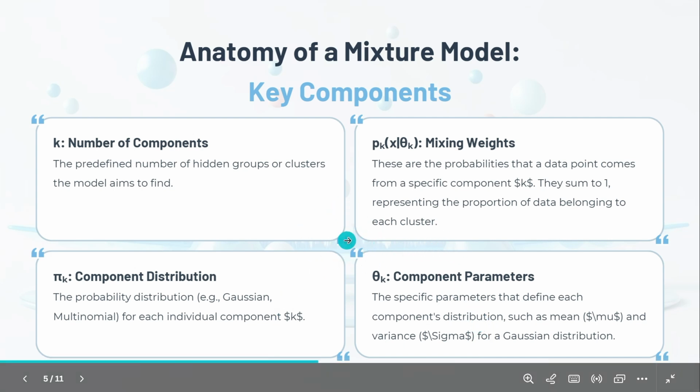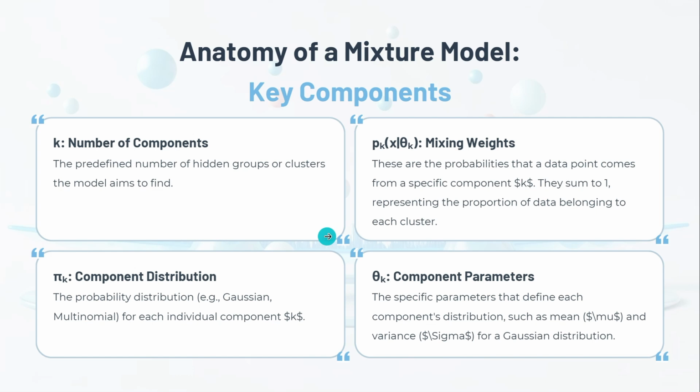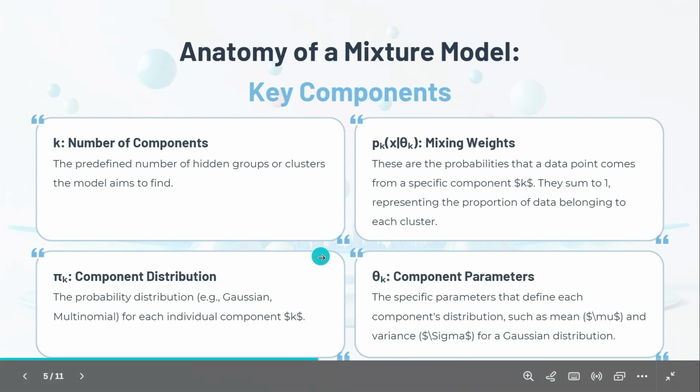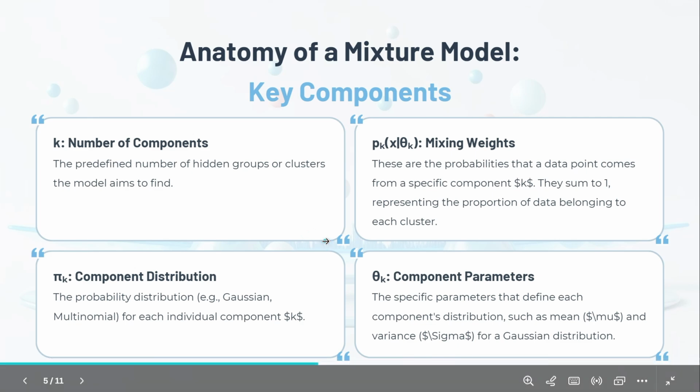In our smoothie analogy, K is the number of fruits, pi k is how much of each fruit there is, and theta k is the exact sweetness or tartness, etc.